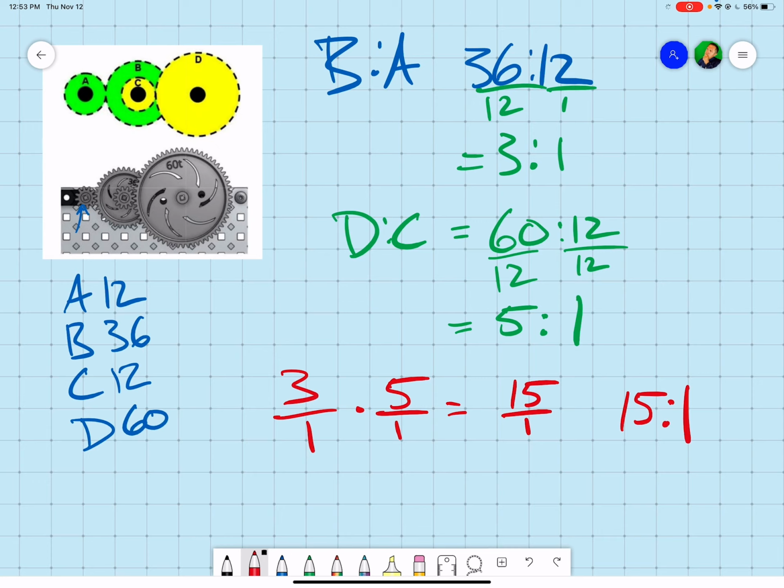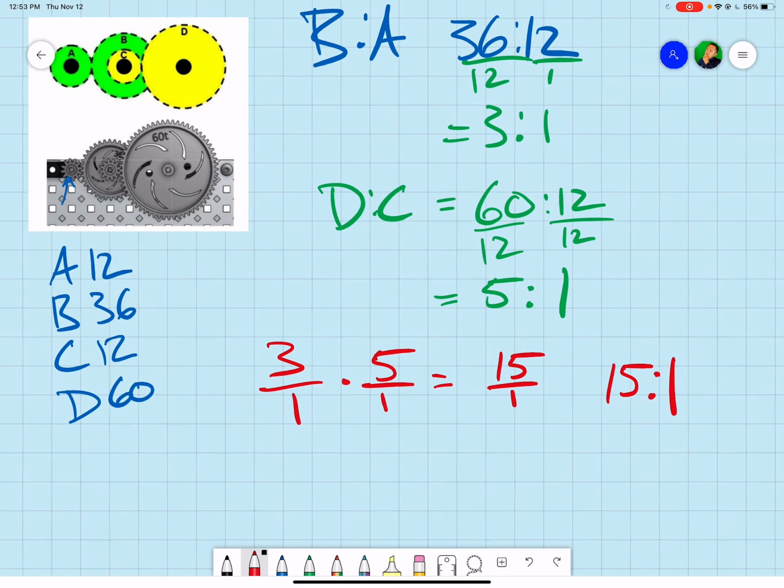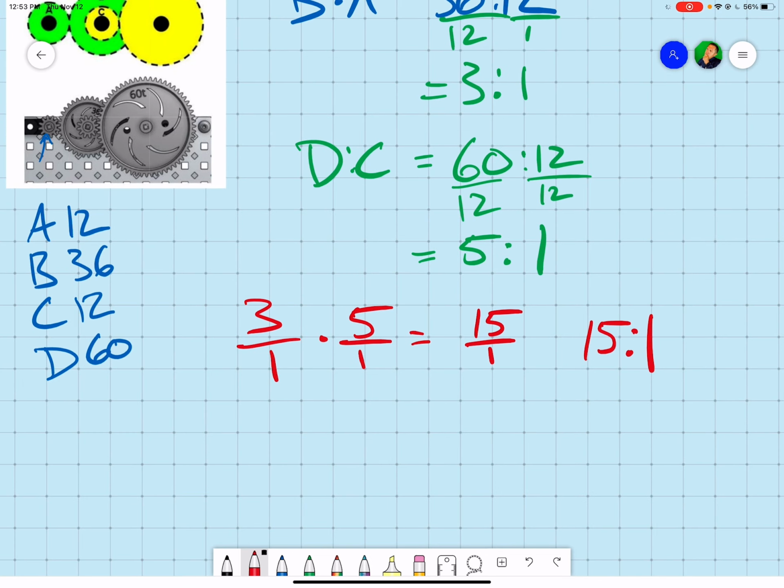Finally, you're going to be given some type of input, and I'm just going to make up an input. Yours could be a very different number, but let's say that I have an input of 9.2 foot-pounds as my torque.